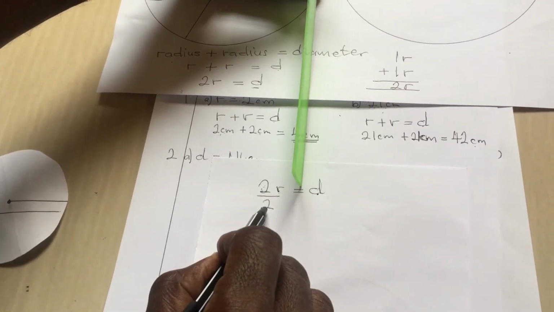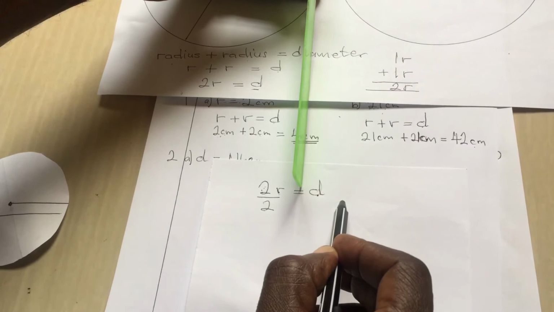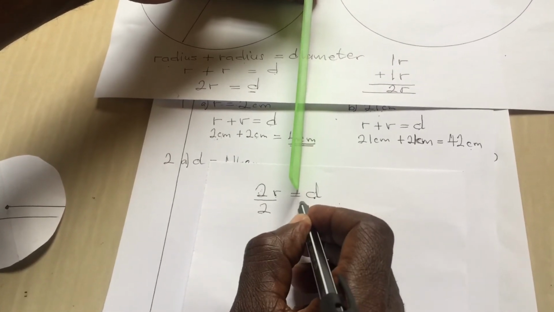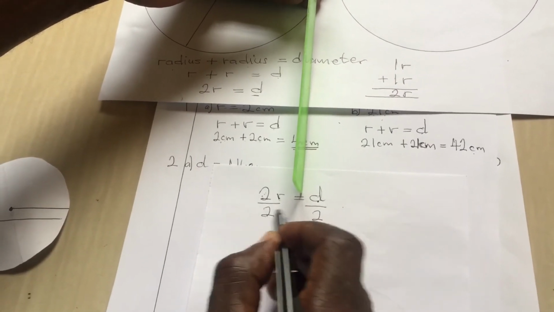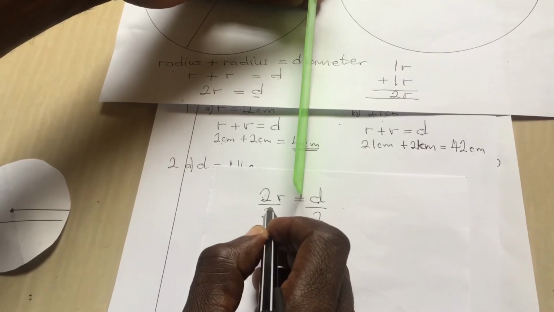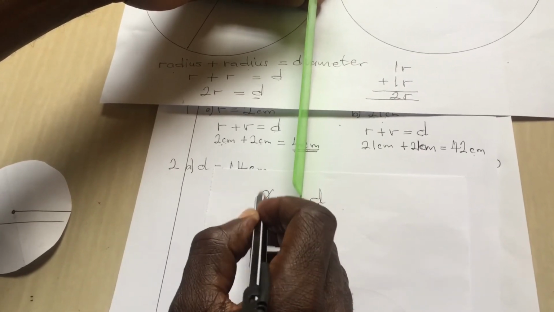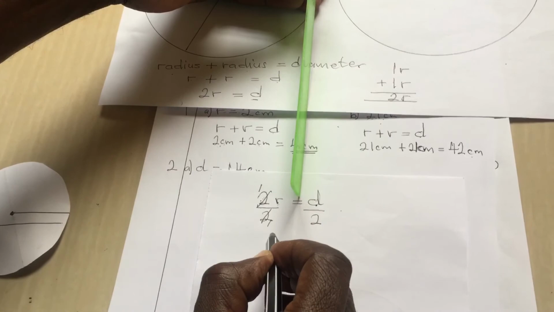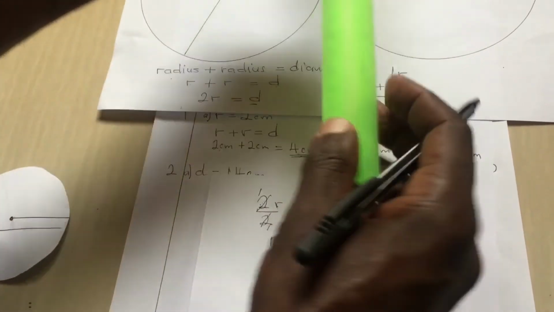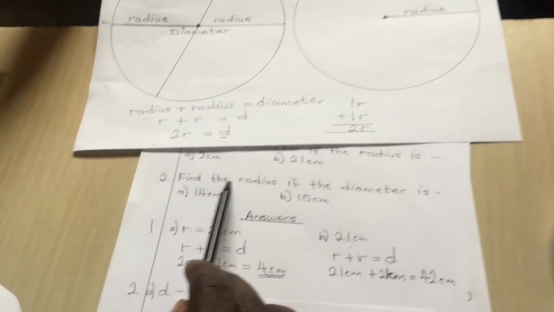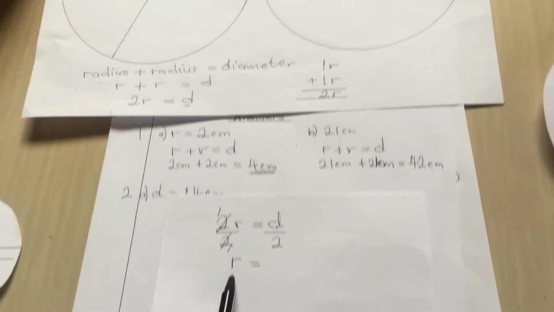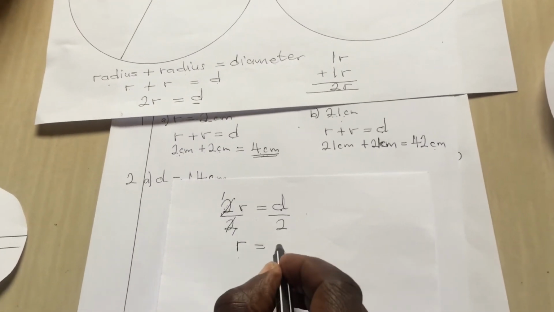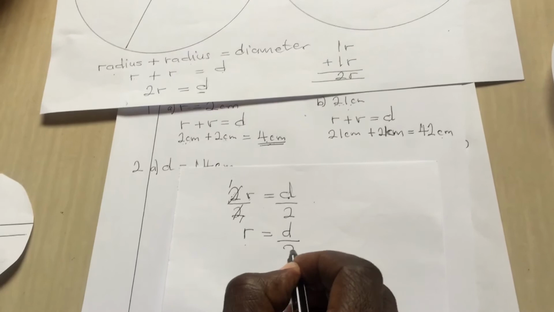The same 2 must be brought there, so that we can cancel 2 into 2, 1. We remain with r, because our question says find the radius. So radius remains here, which is going to be d over 2.